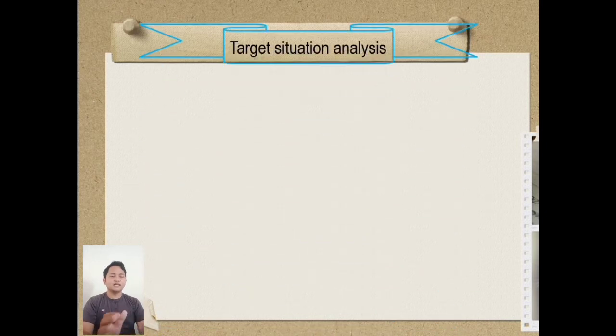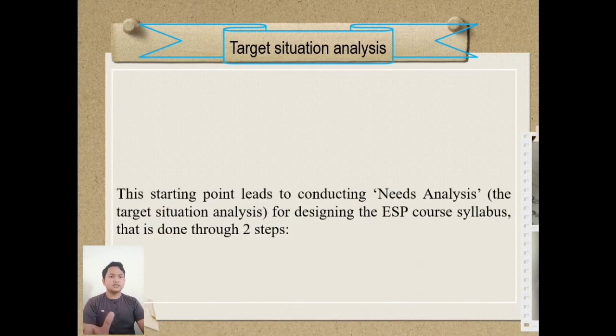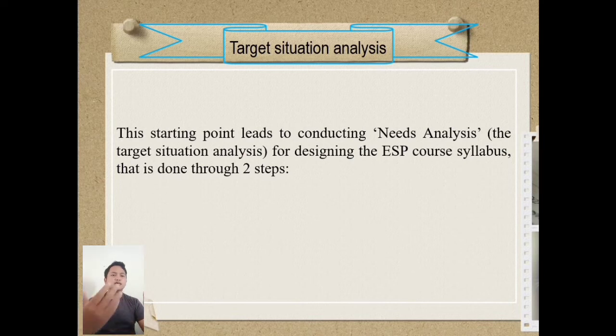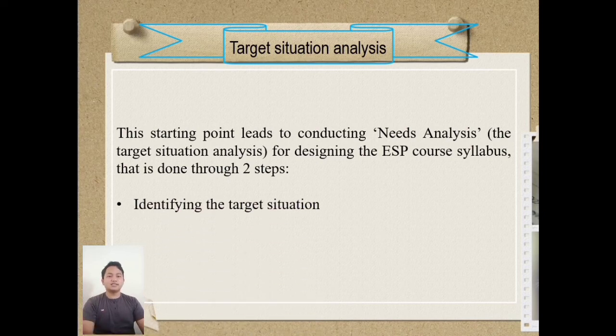In discourse analysis, there is the target situation analysis. What is the target situation analysis? This is the starting point for conducting needs analysis. For designing the ESP course syllabus, there are two steps that we have to do. The first one is identifying the target situation.